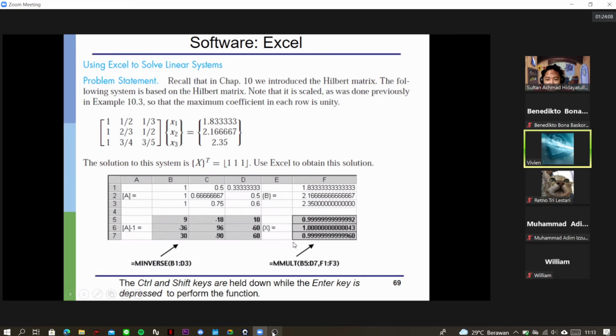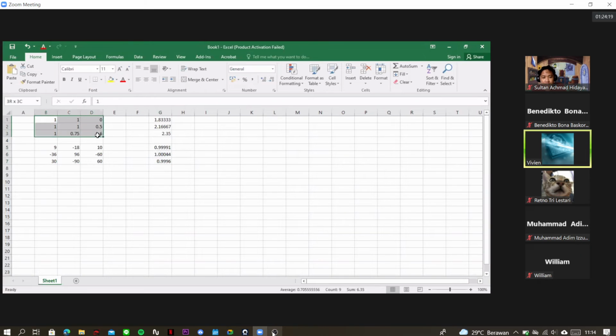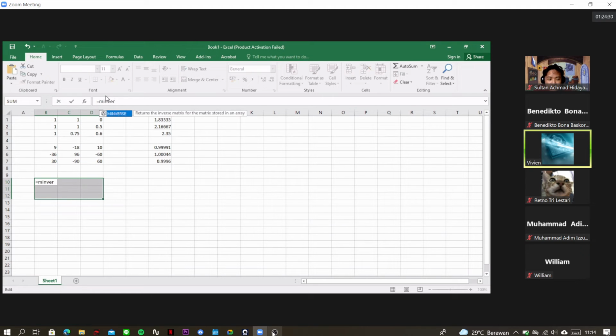So when we put the matrix A here, what we do is we block the size of the inverse, and then we type MINVERSE, and then we choose the array to inverse, the matrix to inverse.